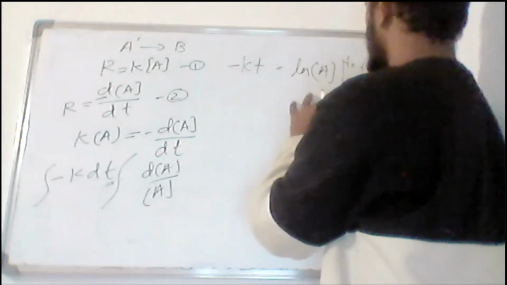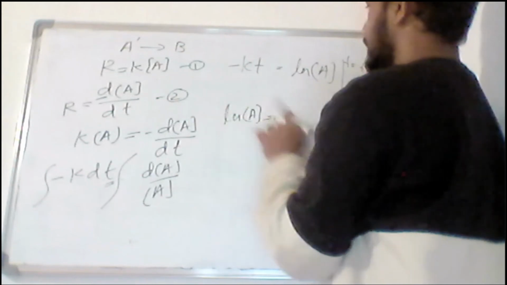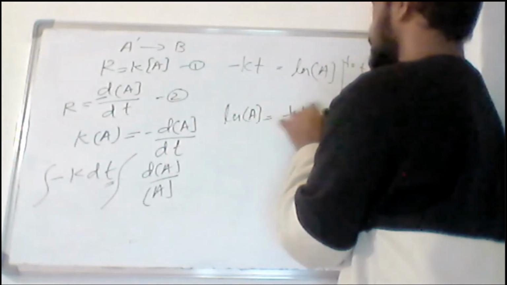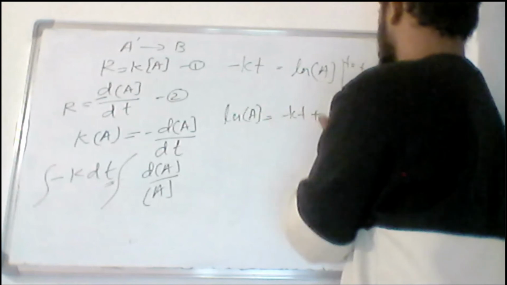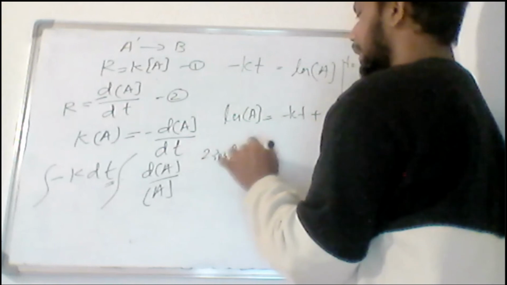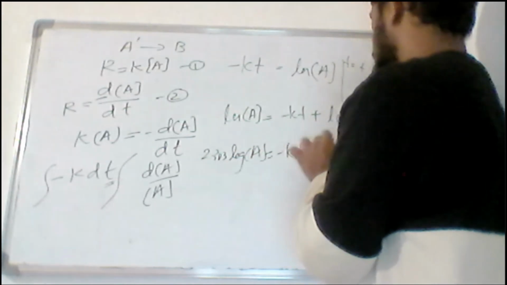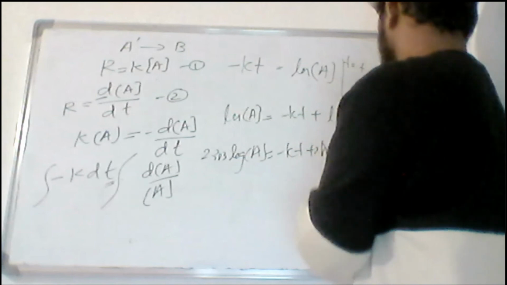When you do this integration, you get ln A equals minus kt plus ln A naught. So ln is equal to 2.303 log: 2.303 log A equals minus kt plus 2.303 log A naught.